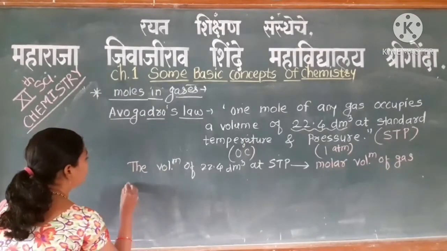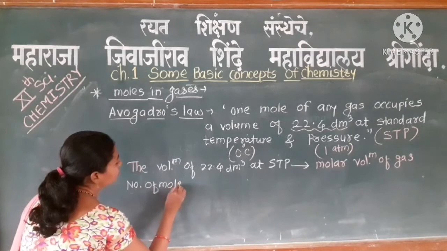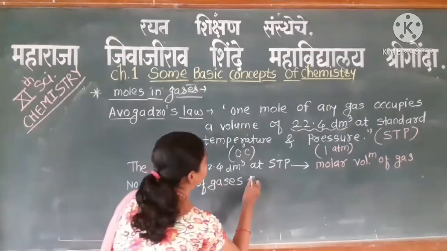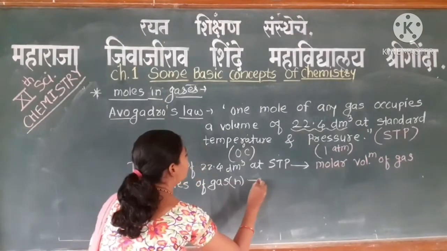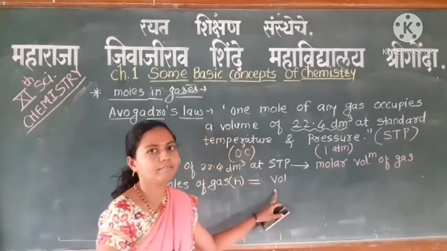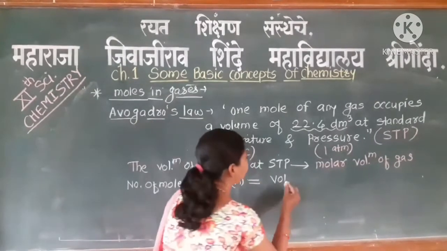So the number of moles of gases, n, is equal to volume. Instead of writing mass for gases, we can write the volume.